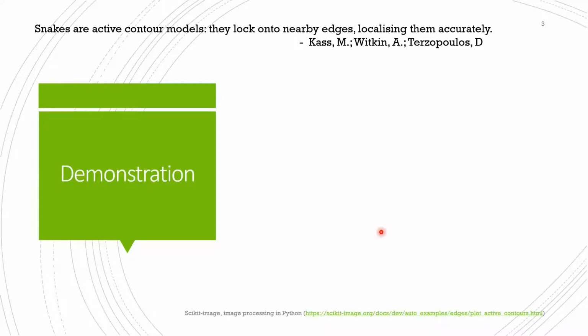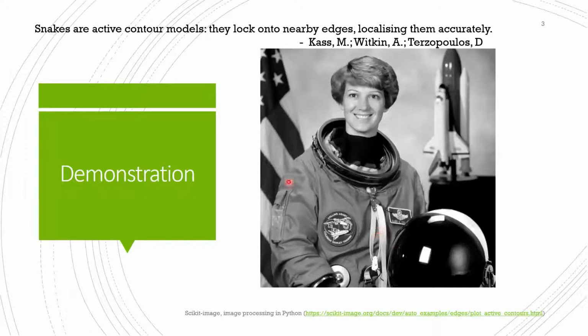Okay, so to give a demonstration, this is an image we have, and we want to segment the face of this image. And the user has some prior knowledge of where in the image the face might be located.